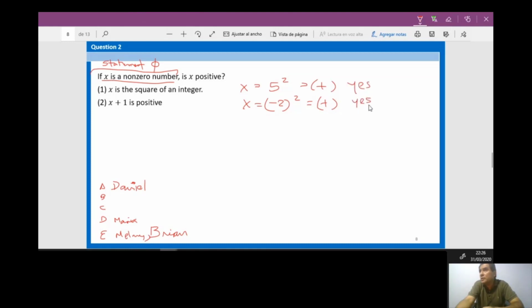It will always be yes. x as the square of a positive or negative integer can only be positive because a square is always positive when the integer is positive or negative. Of course, if the integer were 0, then x would be 0. But here it says that x cannot take that value.